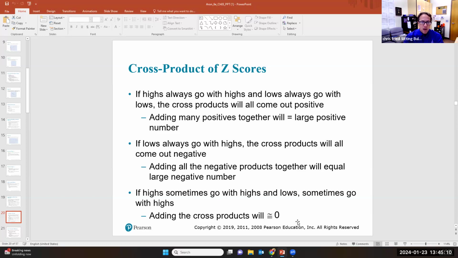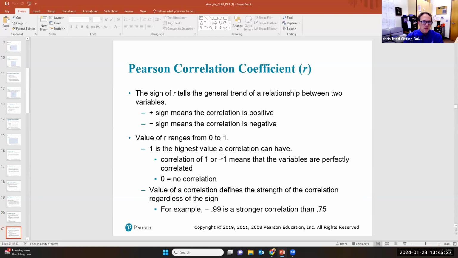But basically, you're not going to have any positive or negative component of the z-score there. But in general, highs and lows together is going to give you a positive, but if lows and highs are mixed together, it's probably going to be negative.